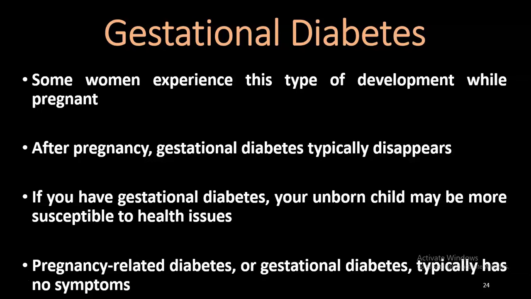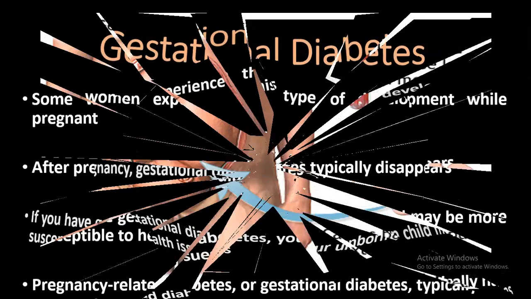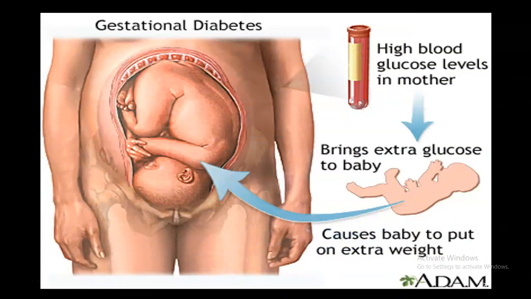You can adjust as necessary to safeguard both your health and that of your child. So this is gestational diabetes. The mother has high blood glucose levels, and this brings extra glucose to the baby and causes the baby to put on extra weight.